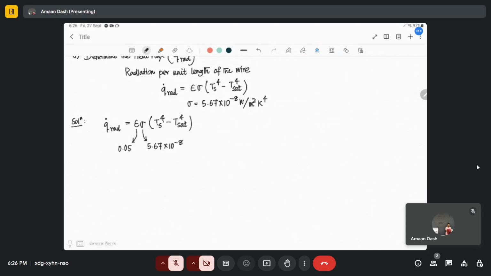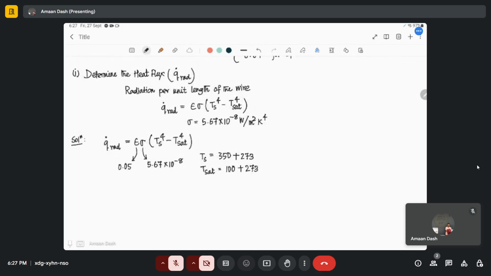And Ts, as you know, is the surface temperature, that is 350 degrees Celsius, but we have to convert it into Kelvin. So plus we have 273, and similarly Tsat is nothing but 100 degrees Celsius plus 273.